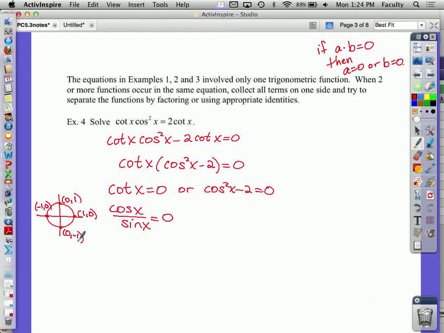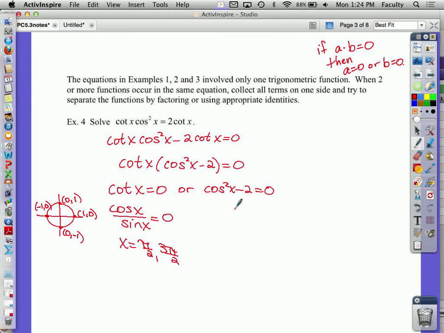I'm looking at where I would have 0 over a number, where cosine is 0. Well, it goes cosine comma sine, so that's occurring at pi over 2, and it occurs at 3 pi over 2, because 0 over 1 is 0, 0 divided by negative 1 is 0. So I've got those two.